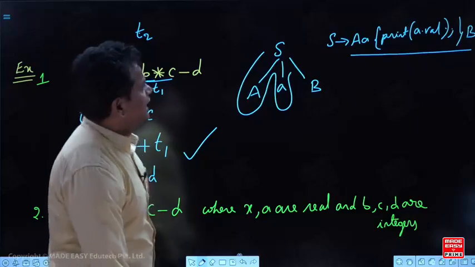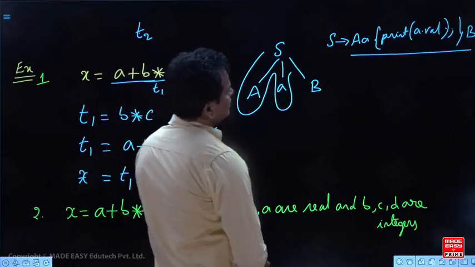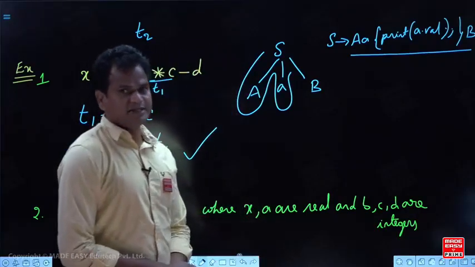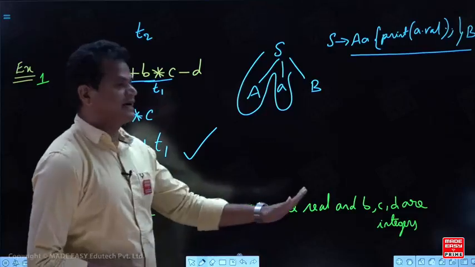I want to convert this into an S attributed SDT, which means the action must be placed at the end.